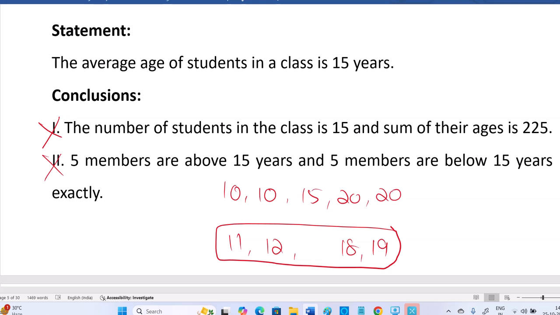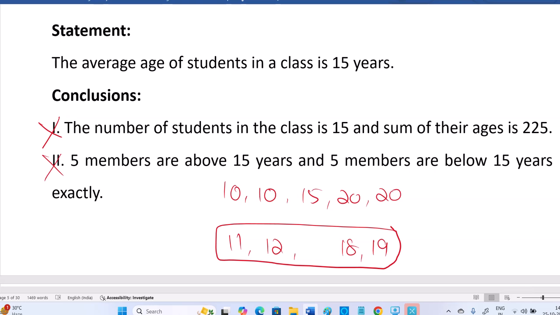Okay. They have to say if the number of students is 15, then the sum of their ages is 225, then I can say correct. Here they are not saying if and all, they are directly concluding the number of students is 15. Wait, they didn't mention it in the question. Or in the question statement, if it is the data like the average age of students in a class is 15, there are 8 boys and 7 girls in the class, then okay, 15 people, 15 into 15, then the first one is correct.